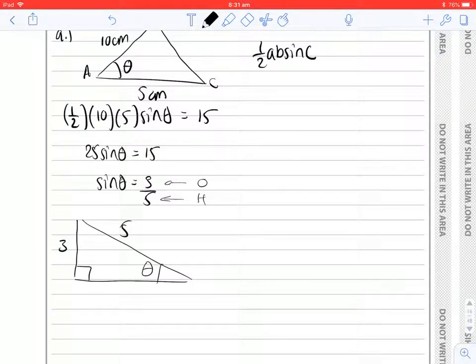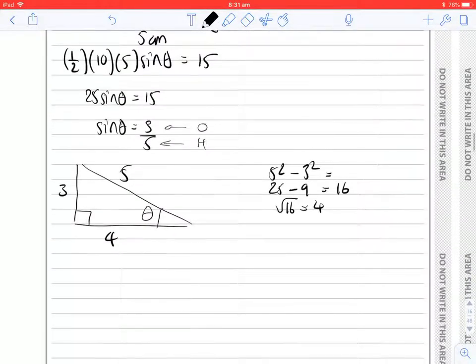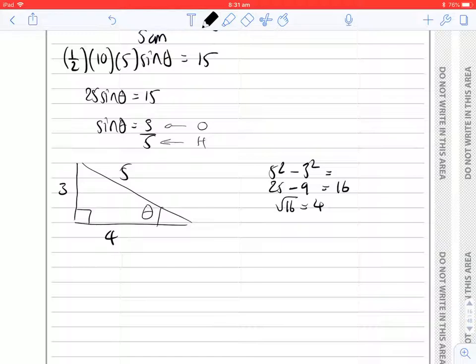Using Pythagoras' theorem, 5 squared minus 3 squared is 25 minus 9, which is 16, and the square root of 16 is 4, leaving us with that missing length of 4. So if sine theta is the opposite over the hypotenuse, cos theta must be the adjacent over the hypotenuse.